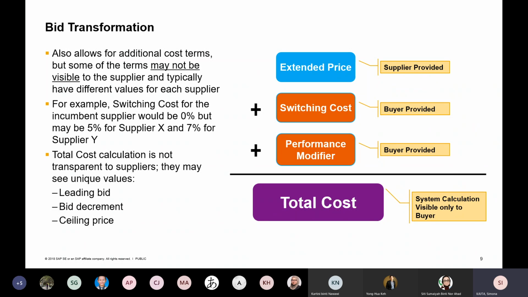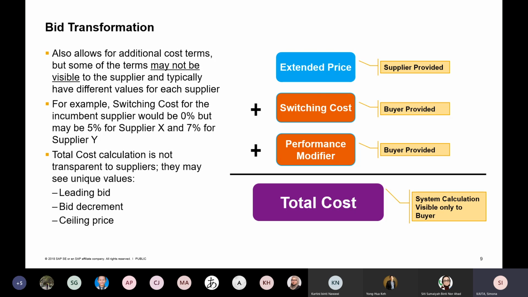But then we have a switching cost and a performance modifier. These two types of costs are only visible to the buyer. The suppliers do not know that these cost terms exist. And they're taken into consideration in a system calculation of the total cost, which is only visible to the buyer.